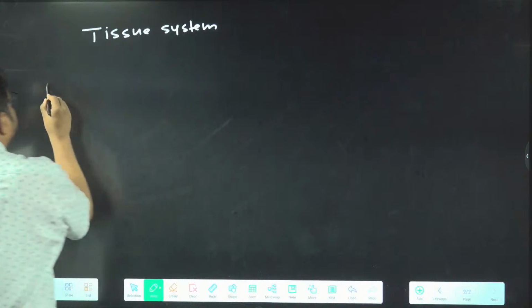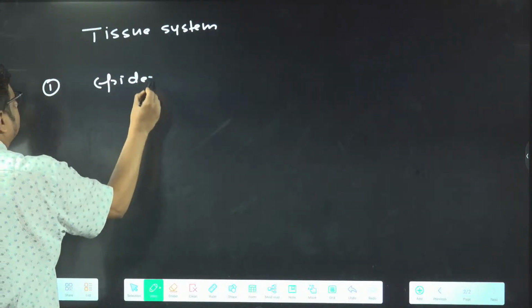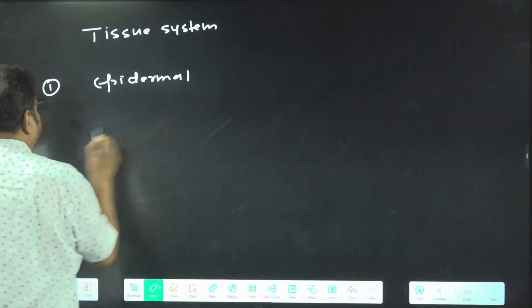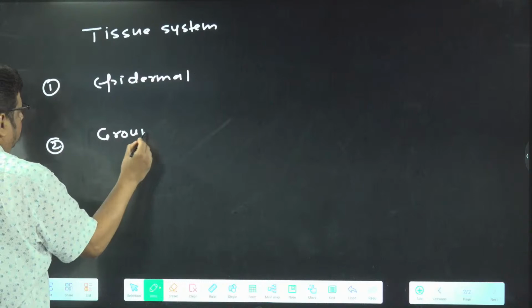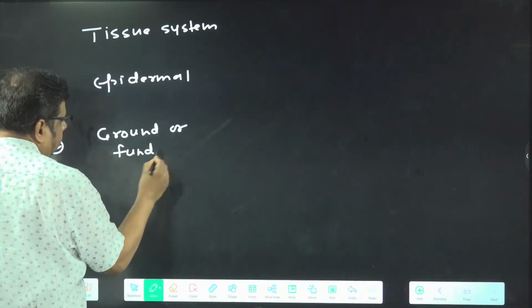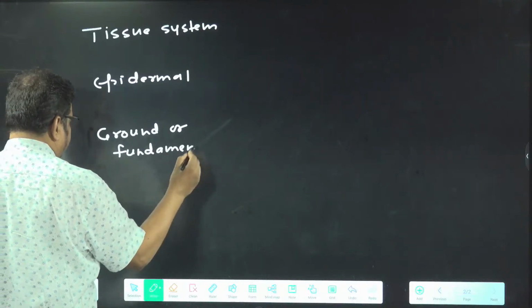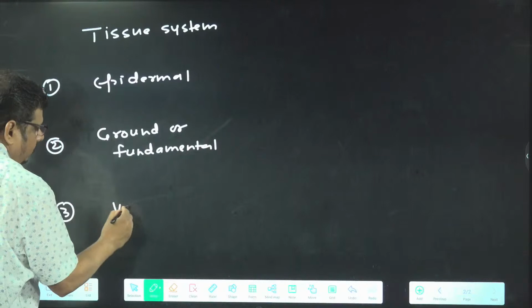As you know, the first tissue system is epidermal. Second one, ground or fundamental. And third one, vascular tissue system.